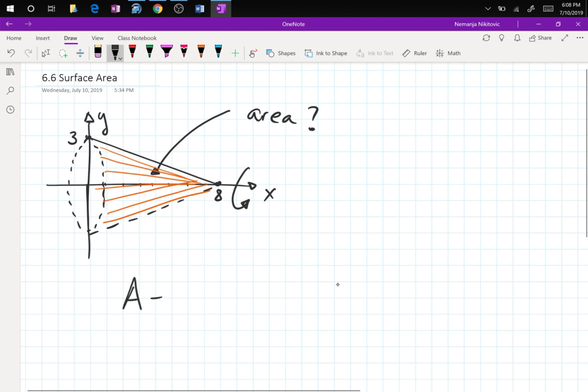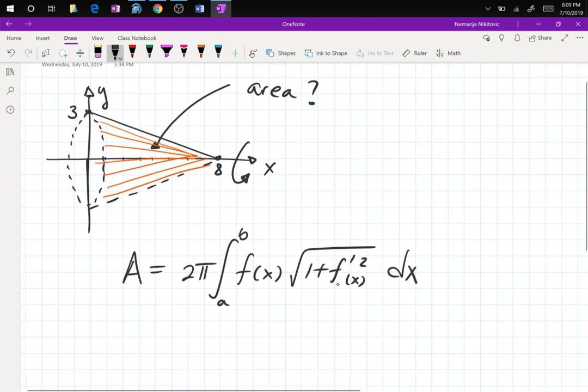So the area is going to be 2 pi integral a to b of f of x times the square root of 1 plus f prime squared of x dx. So you have your integral for the length of a curve times the function, and remember that the function is the radius, so your 2 pi r, the circumference, times the length of the curve. Circumference times the length is going to give you area. So this is your formula.